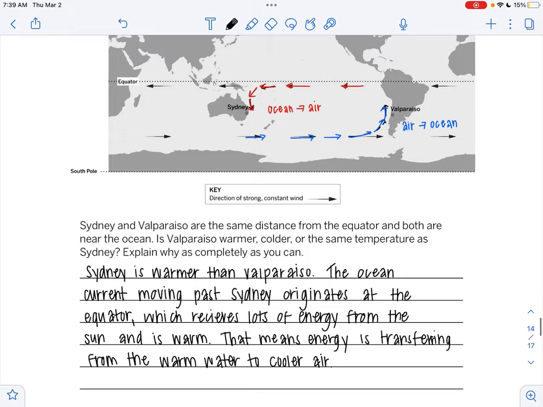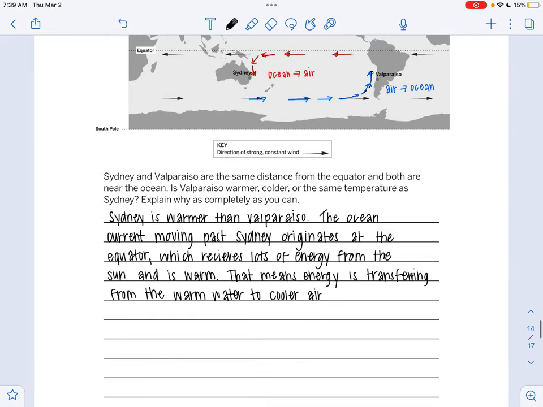Now, we know that at the other location, Valparaiso, the opposite is happening.